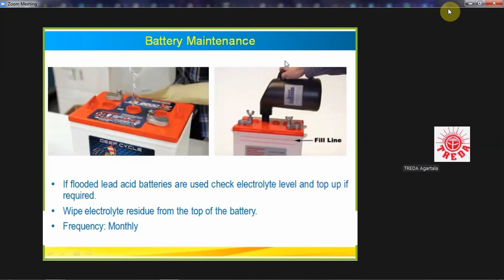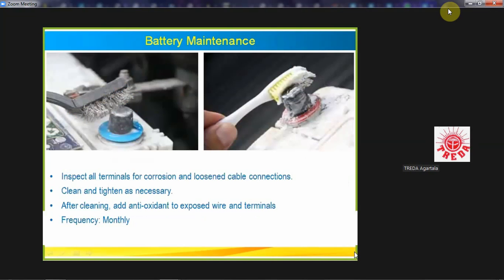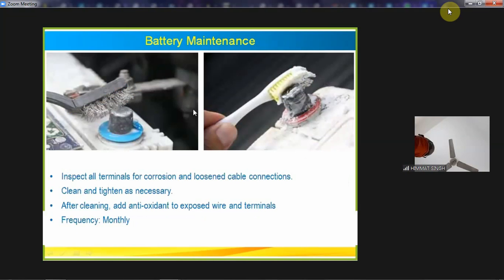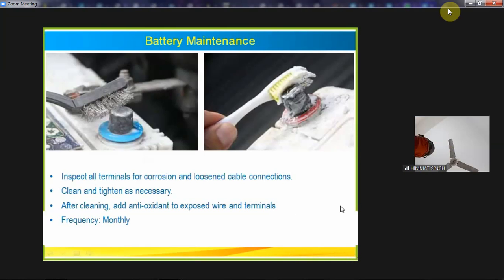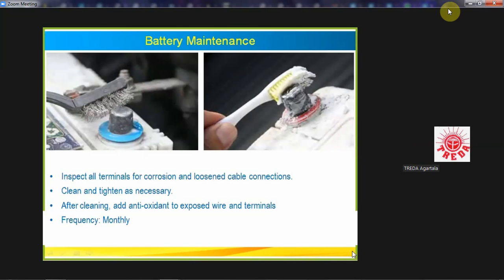We have to collect the residue from the top of the battery, and the frequency is monthly. We have to clean it monthly. These pictures show the condition before, and after cleaning it has become like this. So as I told you, battery terminals should always be kept in clean condition. Loose cable connections should be cleaned and tightened as necessary after cleaning.